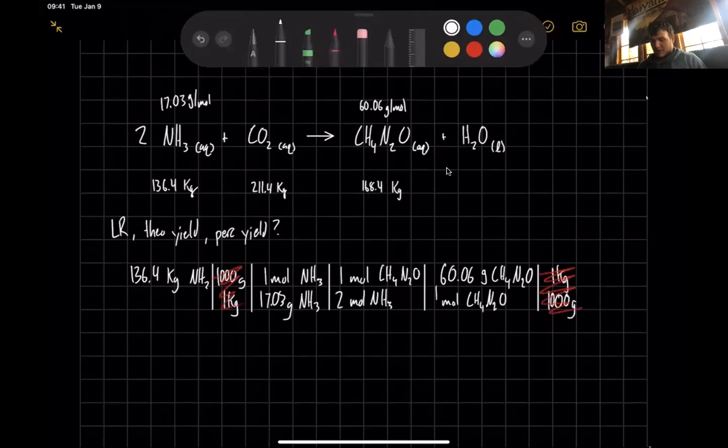It's one of those things you can notice to save yourself some time. Then if you pull out your calculator, you can plug in these numbers, and you get 240.5 kilograms urea.